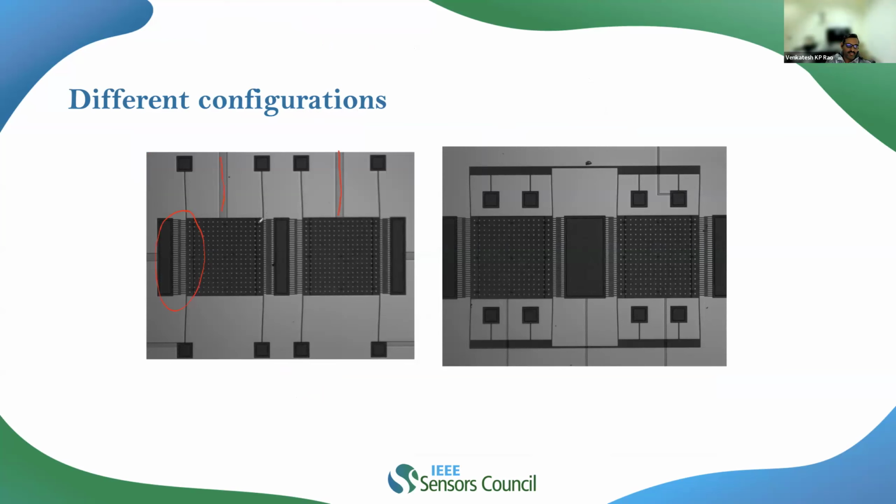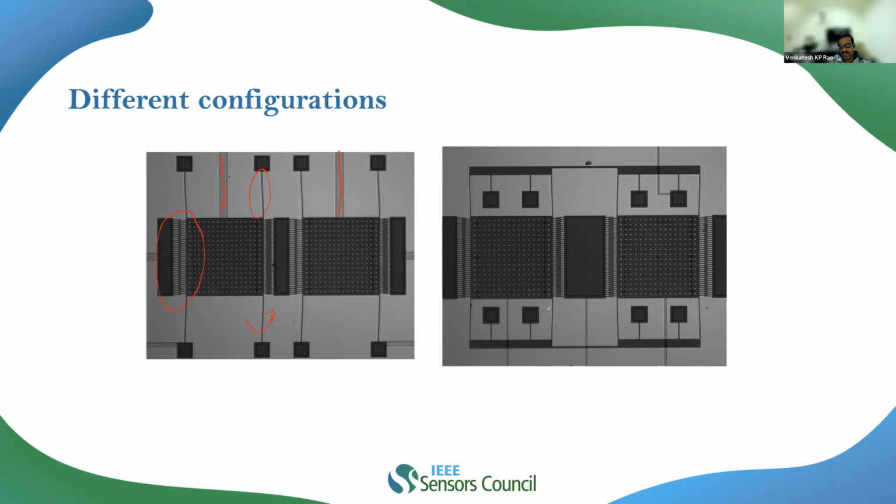So these are perforated proof bars, and these are the beams which are holding the perforated proof bars. These are driven in the drive direction with the help of fingers. And whenever there is an input angular rate signal coming along this direction, it is sensed with the help of capacitance change between this bottom electrode and the structure.